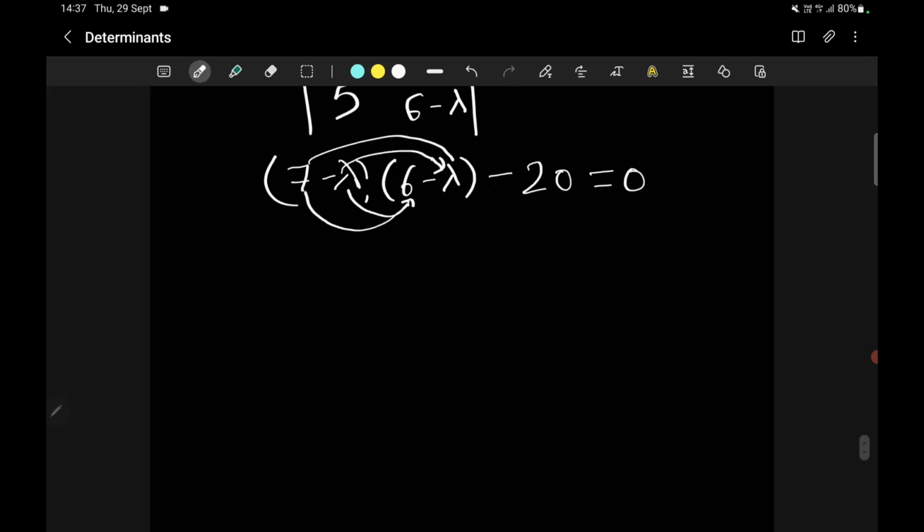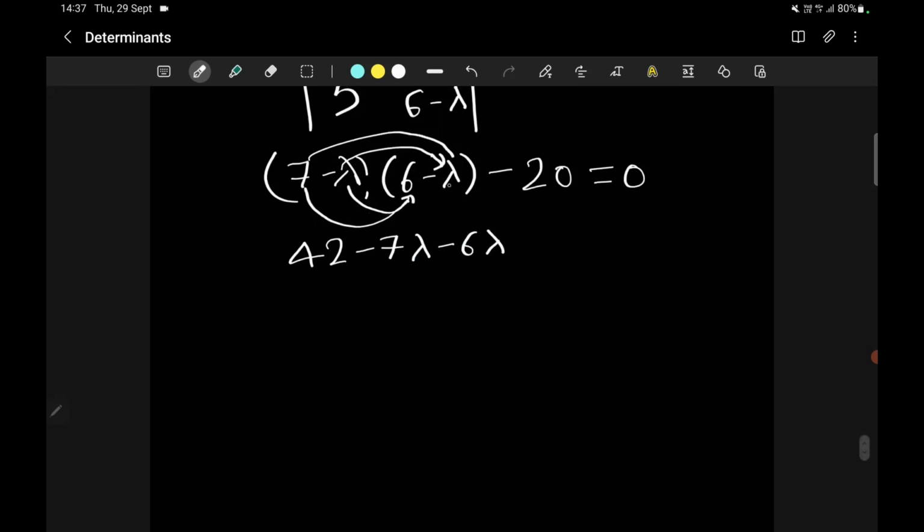So let's multiply this. 7 into 6 is 42. Then 7 into minus lambda is minus 7 lambda. Minus lambda into 6 is minus 6 lambda. Then minus lambda into minus lambda is plus lambda square minus 20 is equals to 0.